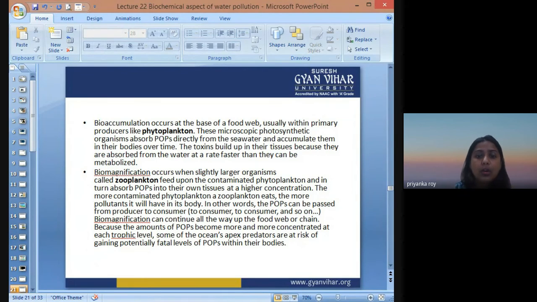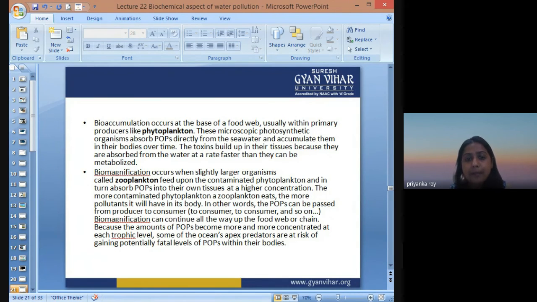So the more contaminated phytoplankton or zooplankton is eaten, the more pollutant it will have in its body. In other words, POPs can be passed from producers to consumers.